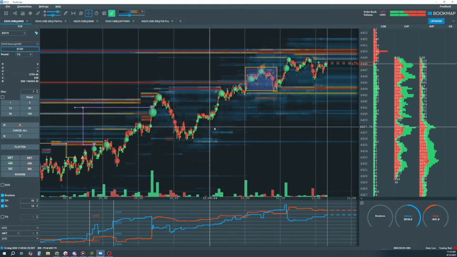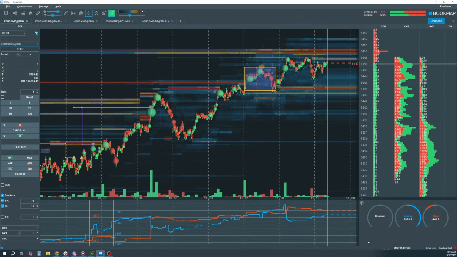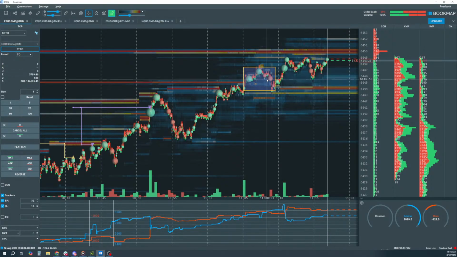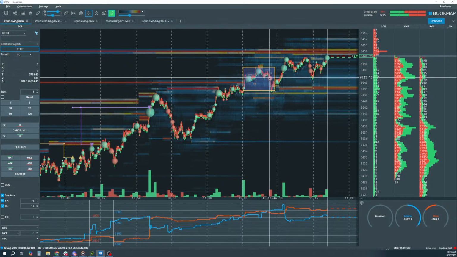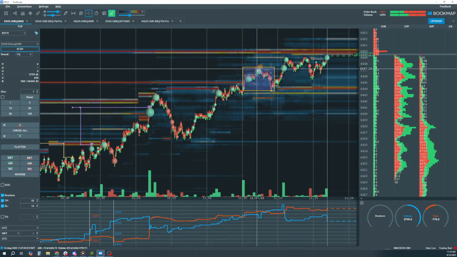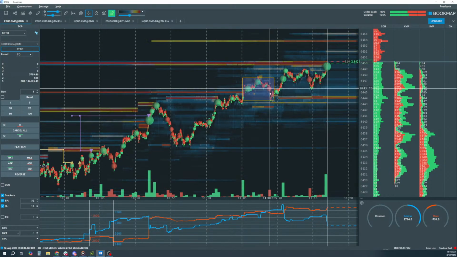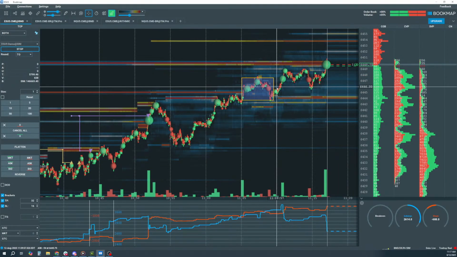What really matters though is what happens after, because does it accept or reject? In this case, this was a low volume pullback here. You can see it traded up to here, we get the move back down, and then it accepted. This rejected down here, and then we get buyers coming back in again.